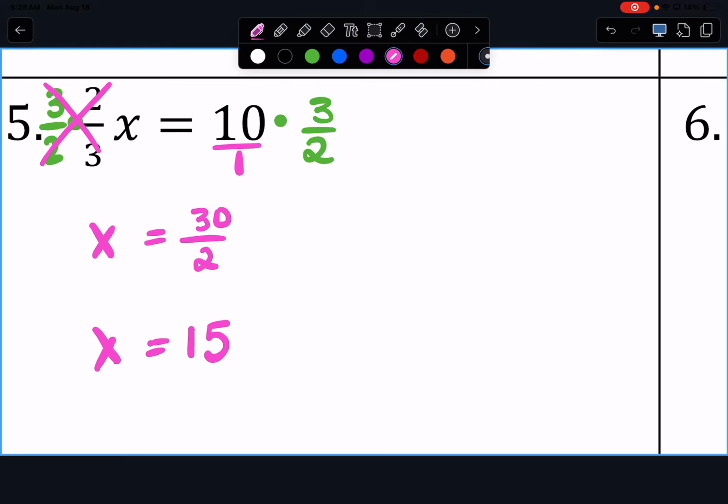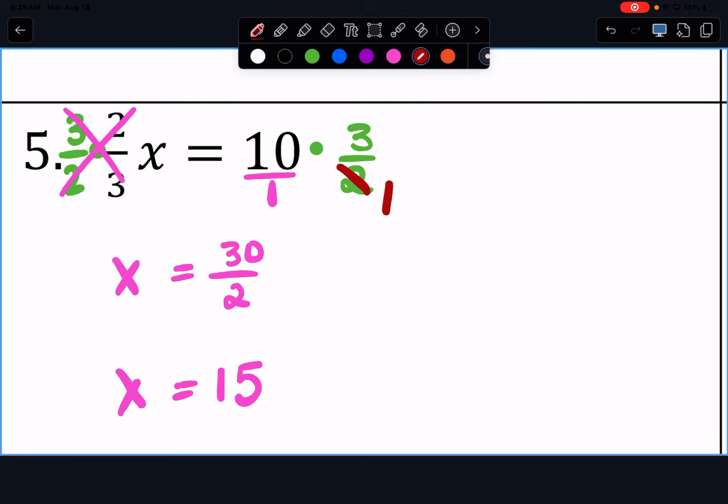So what can go into both 10 and 2? 2, right? 2 divided by 2 is 1. 10 divided by 2 is 5, then 5 times 3 is 15. That's another strategy you can use for that instead of multiplying everything then dividing it. You can simplify as you go.